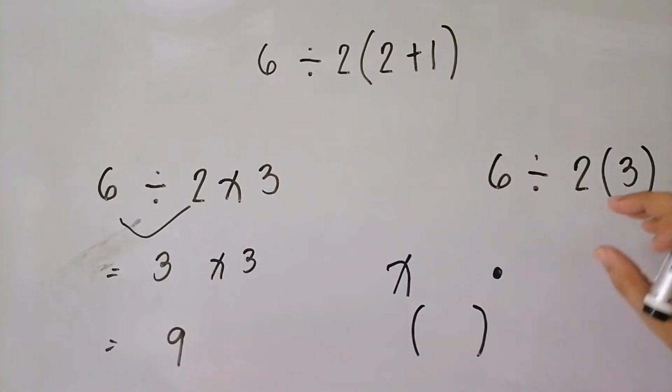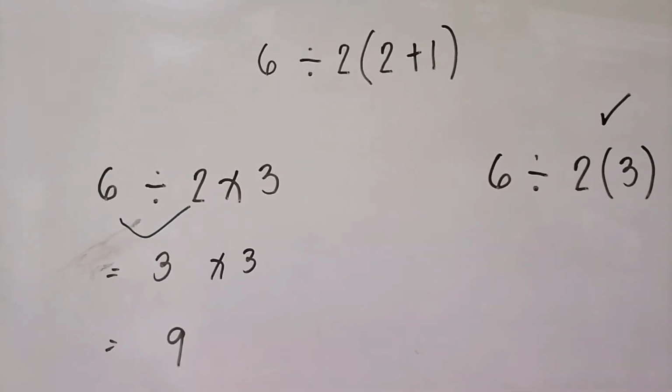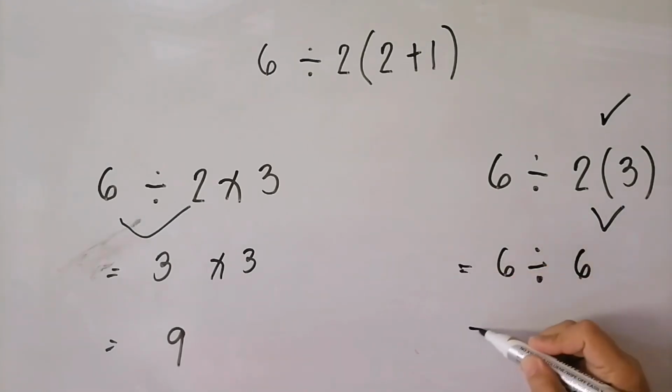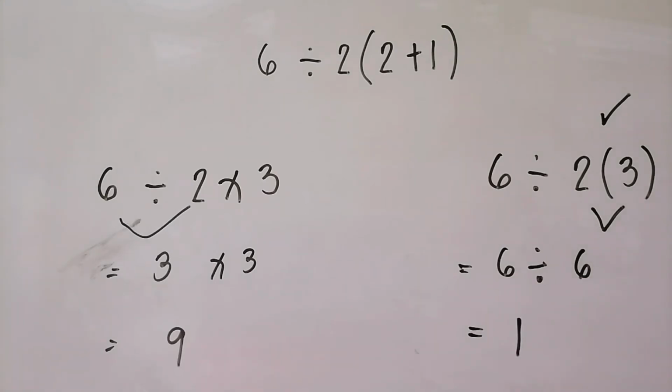That means if multiplication is written in parentheses, it should be operated first. So we first multiply: 2 times 3 gives you 6, and 6 divided by 6 is 1.